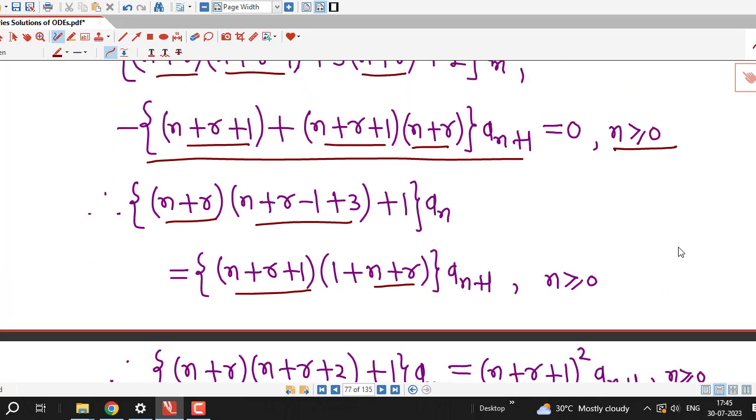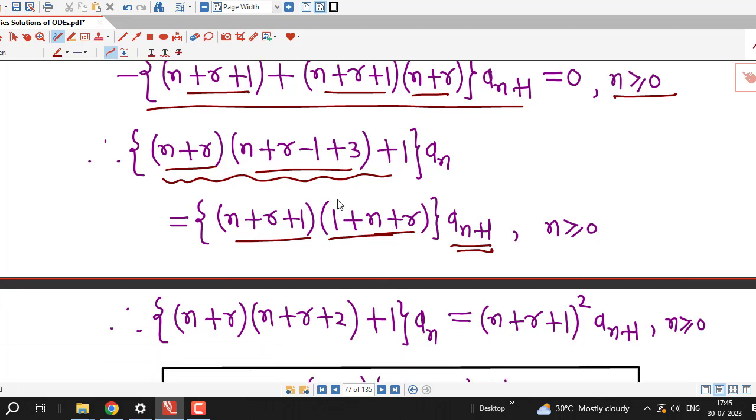And in the next step you can see this n plus 1 suffix is there, so I have to express a(n+1) in terms of a(n), and this is nothing but square of (n plus r plus 1) that I have to divide by this quantity. This is going to be n plus r plus 2.